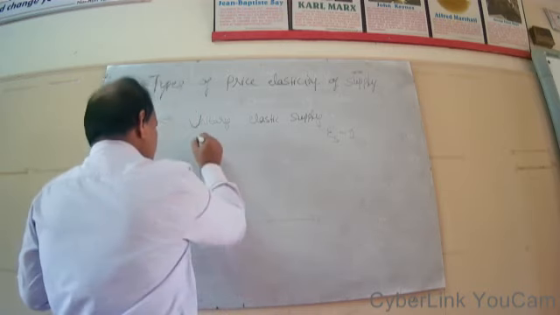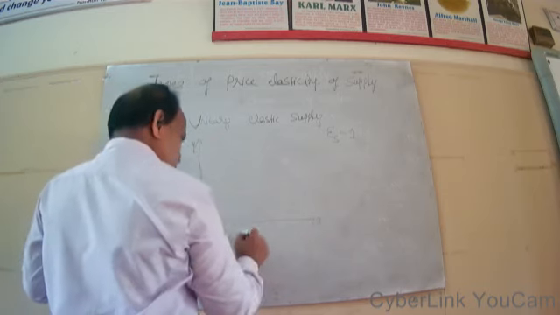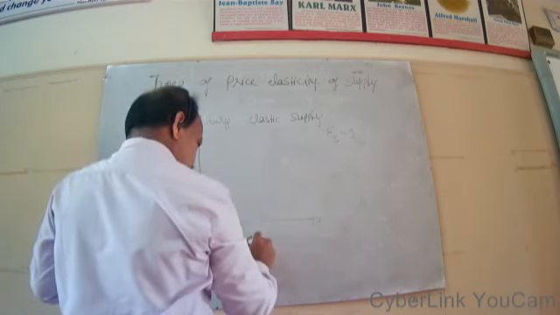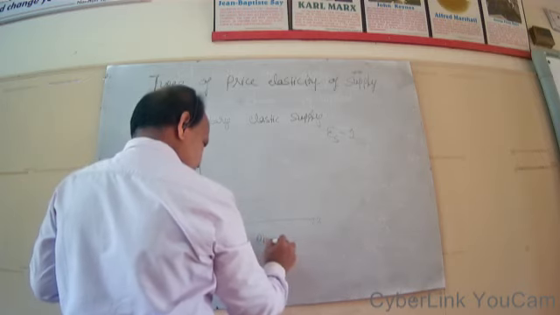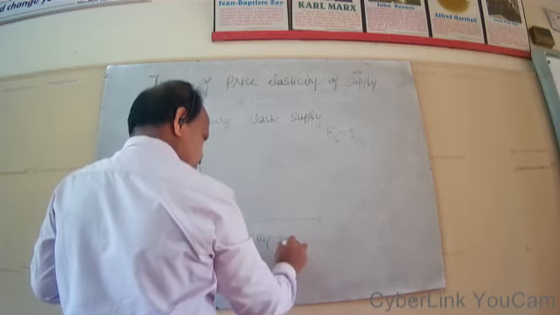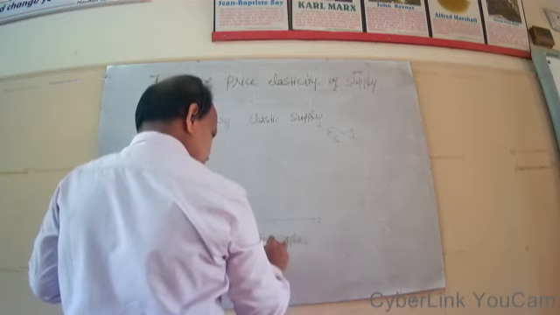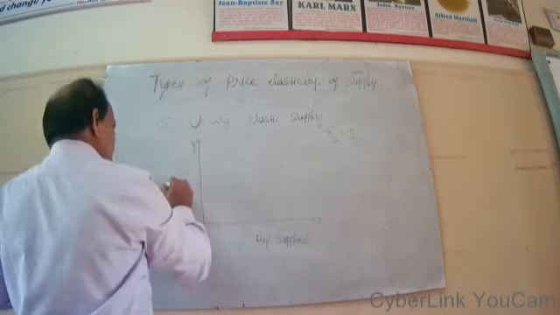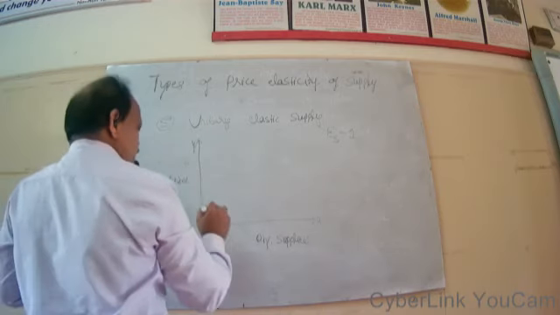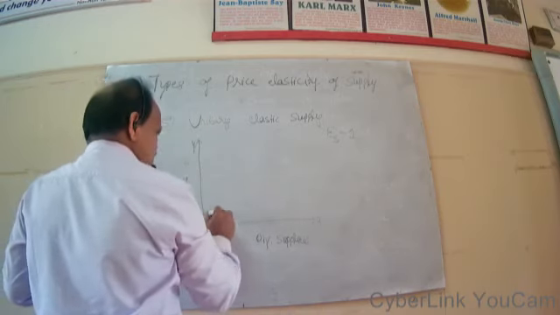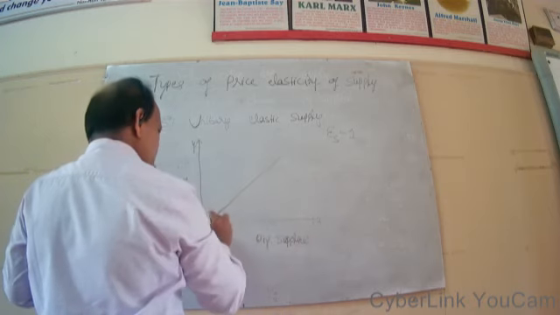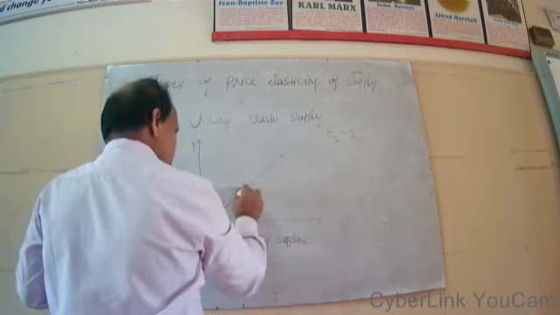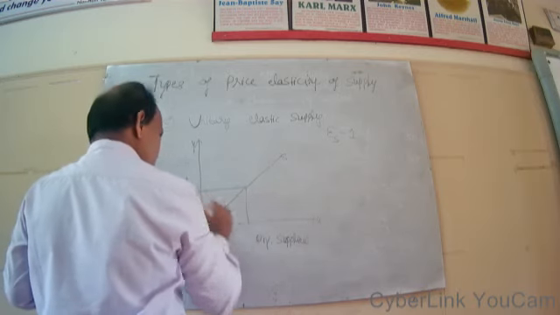I'm drawing the diagram. OX, OY. Quantity supplied, price level. So the supply curve will be 45-degree angled. SS represents the supply curve. Price was at OP level.